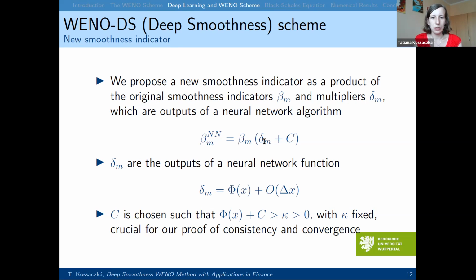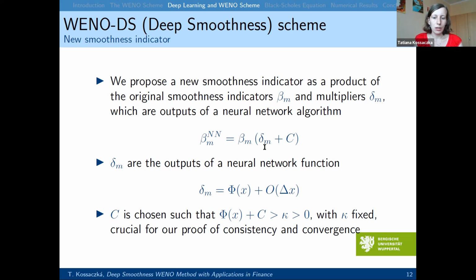We call this parameter delta, and doing so, we preserve the convergence and consistency of the method, because we have something on which we can rely, because this is the thing which is known, and we know that with this parameter the method remains convergent. So we just multiply this beta with this parameter delta.